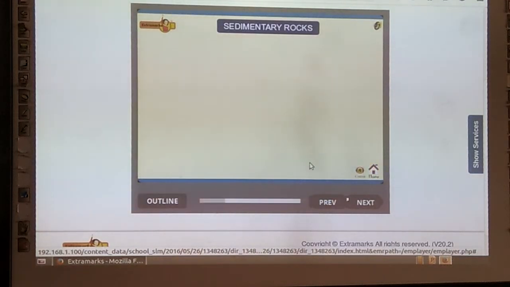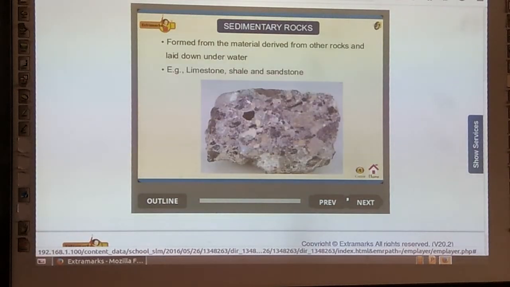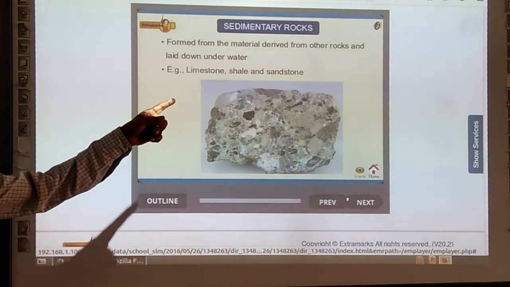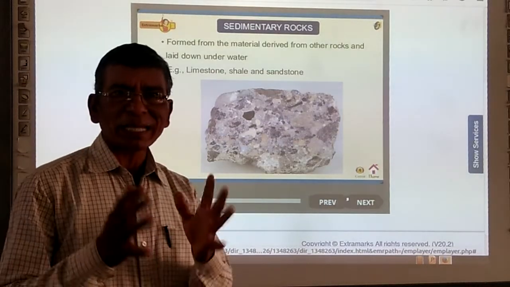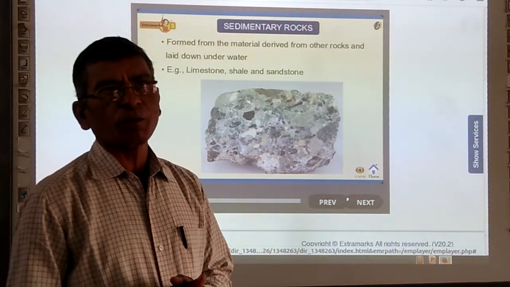Sedimentary rocks are formed from the material derived from other rocks and are laid down underwater. Examples are limestone, shale, and sandstone. So children, can you name the examples of sedimentary rocks? Limestone, shale, and sandstone are the best examples of sedimentary rocks.